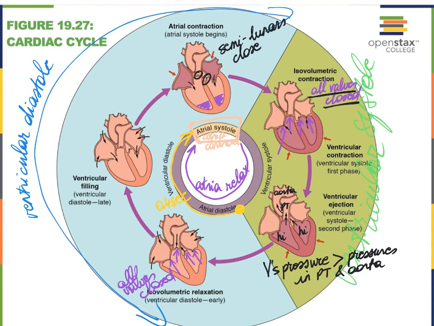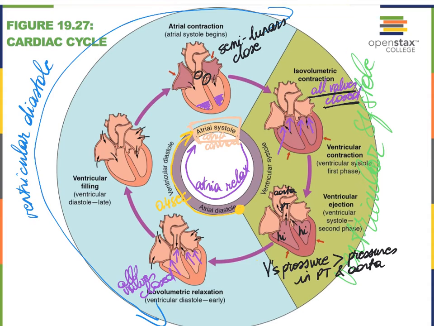And that's going to literally close our semilunar valve. So it's the brief backflow of the blood in the pulmonary trunk and the aorta due to the fact that the pressure in the ventricles is dropping so much compared to what the pressure is in these blood vessels, that now our semilunars close. And once again, we're back to an isovolumetric phase, but this time the heart is relaxed, so we call it isovolumetric relaxation phase.